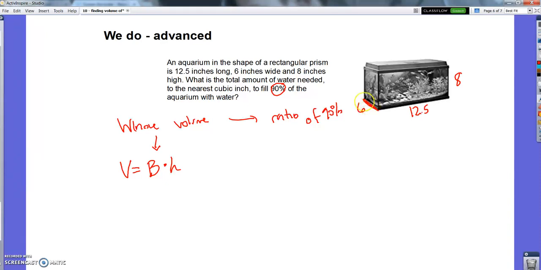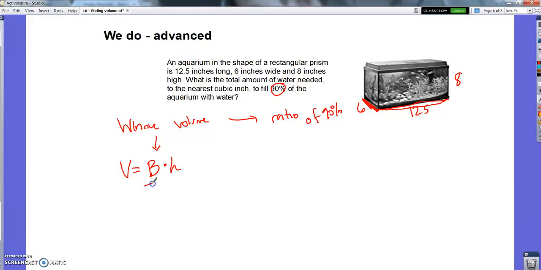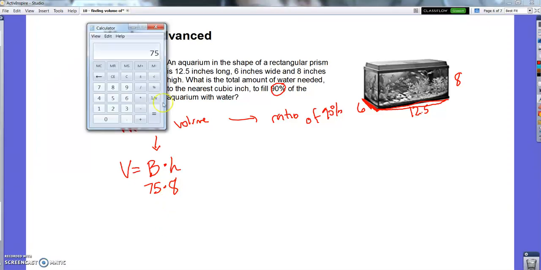The area of the base is going to be 6 by 12.5. 6 by 12.5 is 75, times the height, which is 8. So I'm going to go ahead and multiply that by 8.